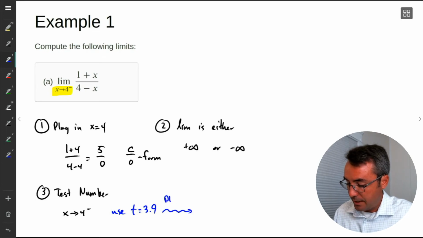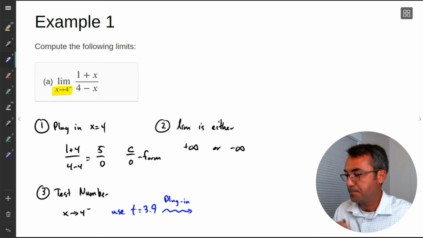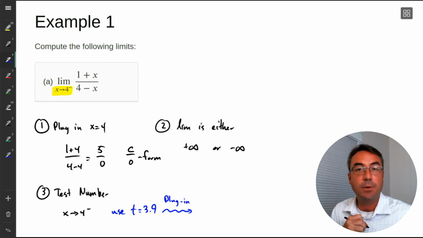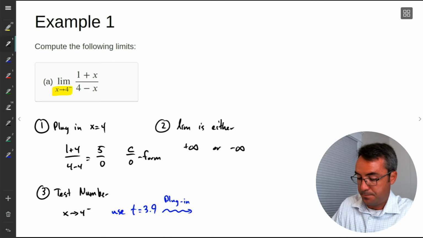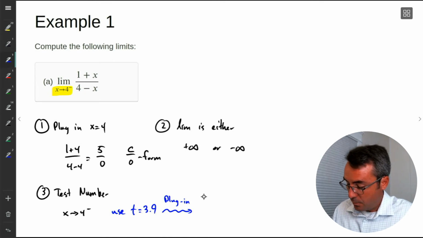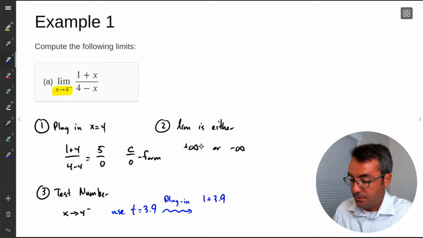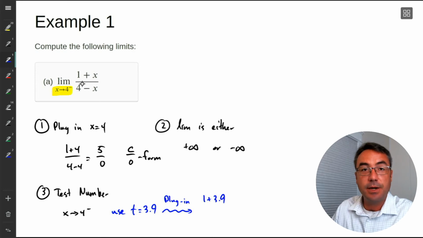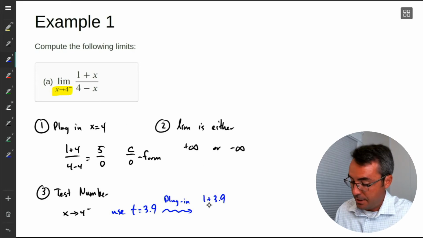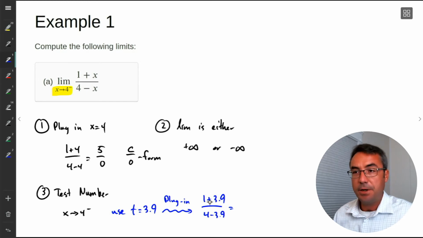So we're just going to plug it in. All right, so what do we get when we plug it in? Well, we get 1 plus 3.9, so we're just plugging into our function right here, 1 plus 3.9 divided by 4 minus 3.9. And what is that?